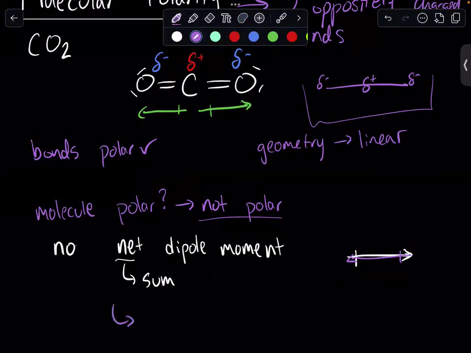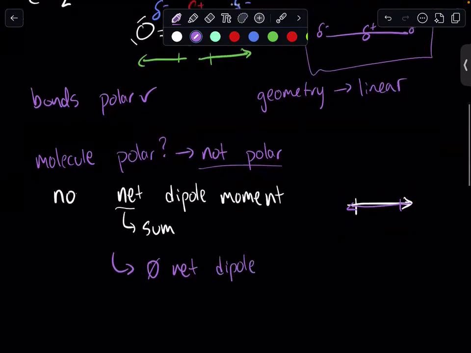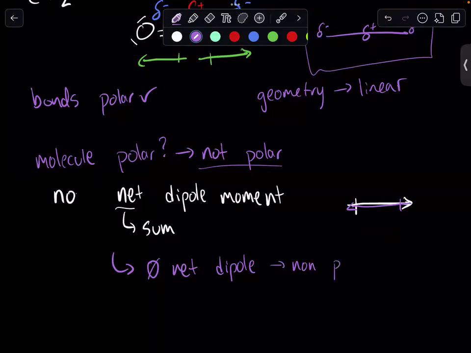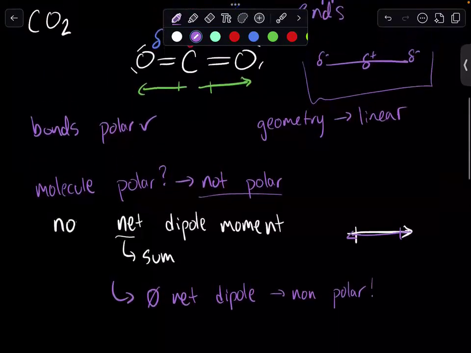So the sum of the dipole moments is 0 net dipole, meaning the overall dipole of this molecule does not exist. And that's how we know that this whole thing is non-polar. So we know CO2 is a non-polar molecule.